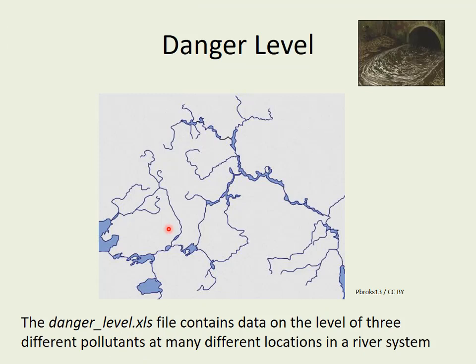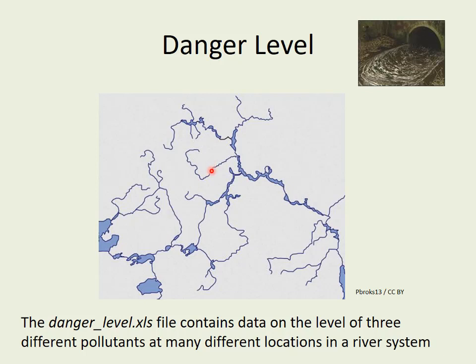So here I've got a map showing a river system, and we have data from hundreds or thousands of measurements in this river system, in this Excel file. And it actually has 3 different pollutants. So it could be some sort of lead, it could be nitrogen, it could be something radioactive. 3 different kinds of pollutants at many places.